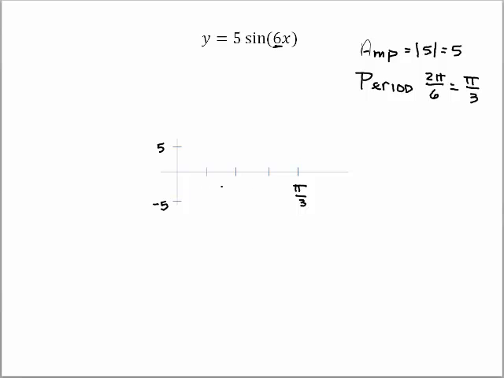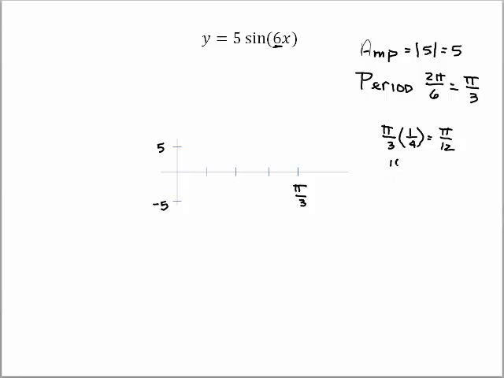Now, we are going to make one wave from 0, 0 to pi over 3. How about we find those in between values again? So if we take pi over 3 and multiply it by 1/4, we get pi over 12.